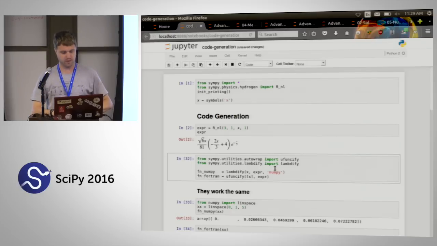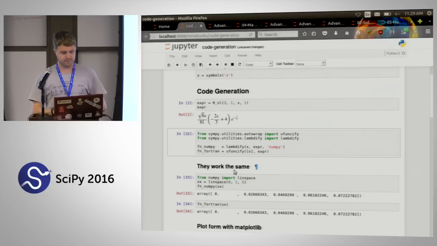So as we learned before, if we have this expression, this radius function for hydrogen, and we use lambdify, this will create a NumPy function based on this.